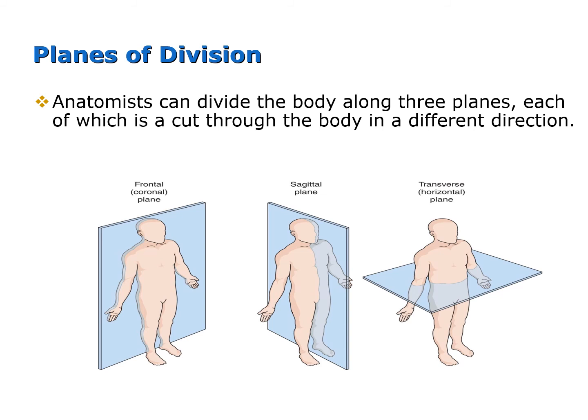If it's not there, it's just the sagittal plane, which can be more on the left or more on the right. And we have a transverse plane, made when the cut is horizontal and divides the body into a superior or upper part and an inferior or lower part. This is also called a horizontal plane.